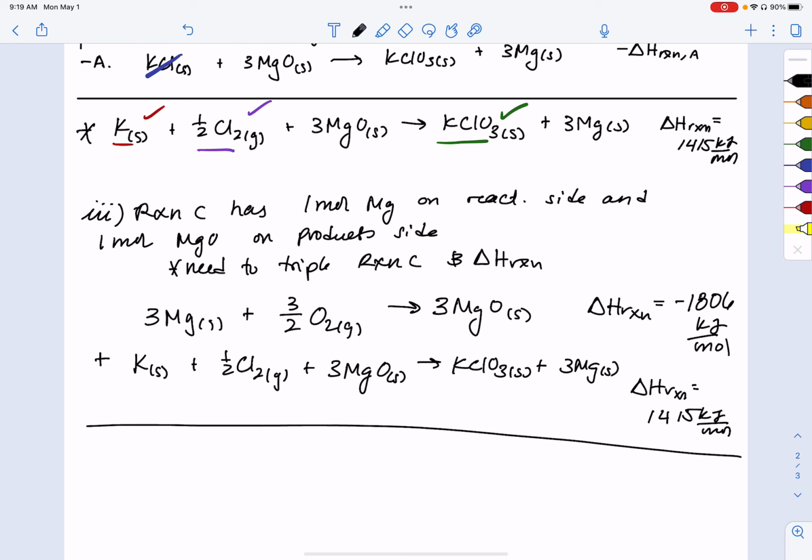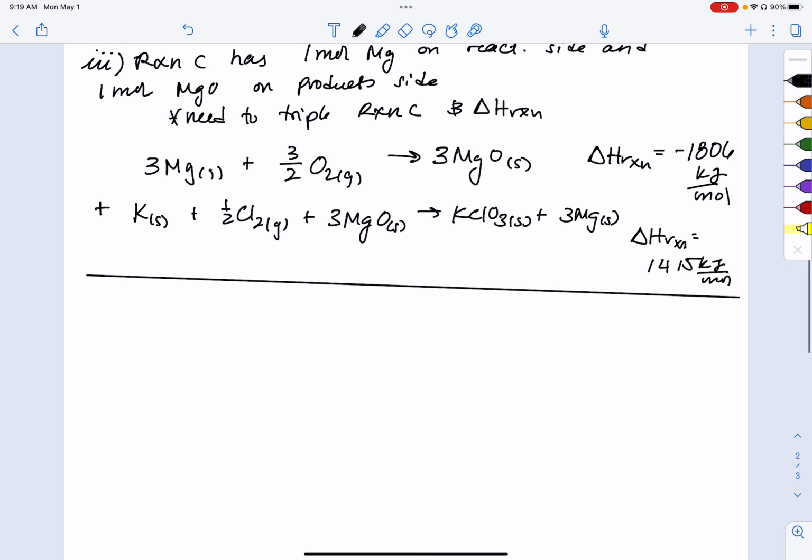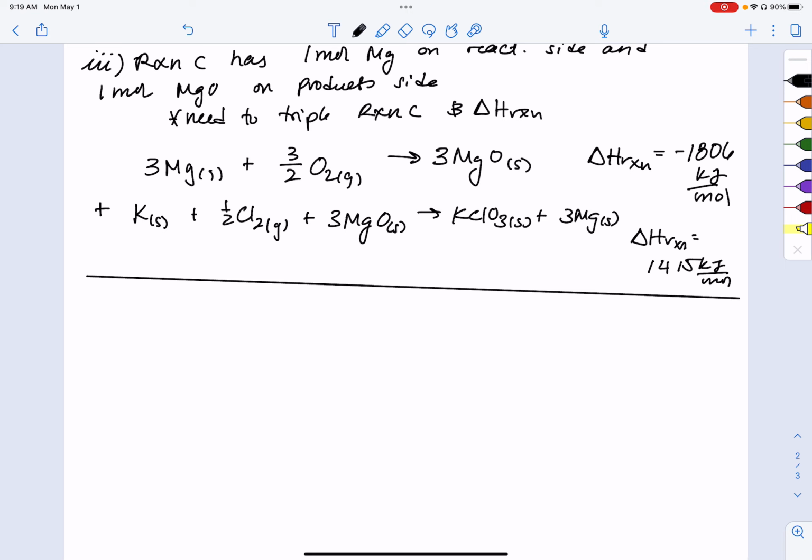So if I were then to sum these together, 3 magnesiums on the reactant side cancel with 3 magnesiums on the product side, and then 3 magnesium oxides on the reactant side cancel with 3 magnesium oxides on the product side. And the only thing that would leave behind is this 3/2 oxygen.